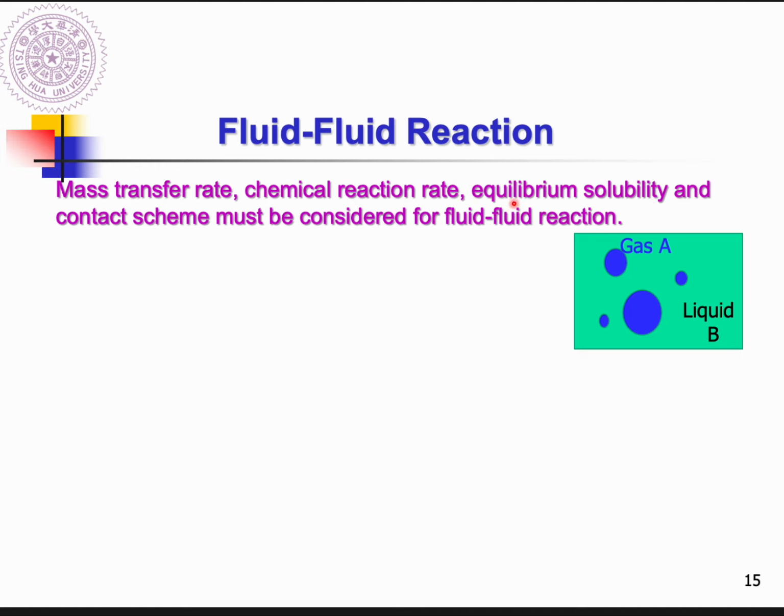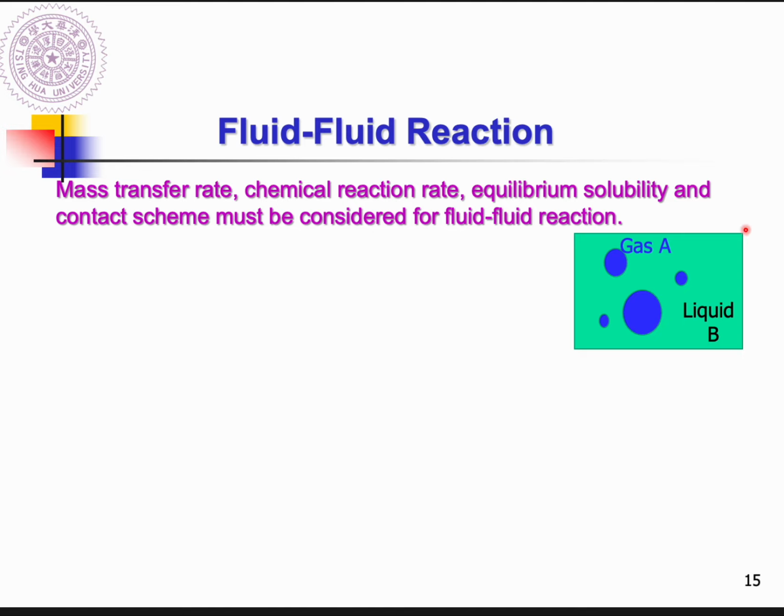When the gas dissolves in the liquid, there is for sure a solubility problem. And also the contacting patterns of your reactors. All these 4 parameters we need to consider for fluid reactions.